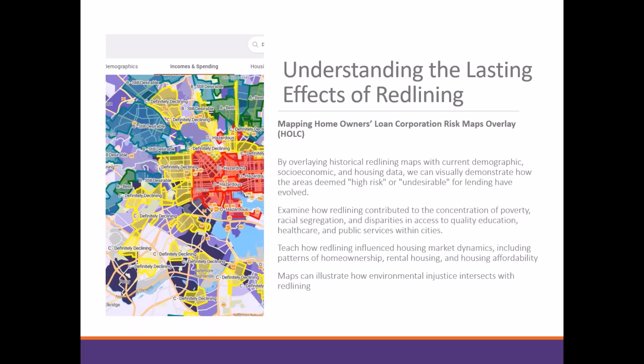And maps also show how redlining facilitated divestment in certain neighborhoods, leading to a lack of specific economic opportunities or declining property values and a deteriorating infrastructure. And finally, the maps can help the researcher to understand how redlining influenced housing market dynamics, including patterns of homeownership, rental housing, and housing affordability.